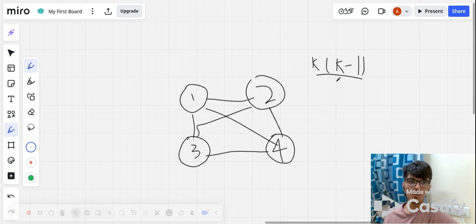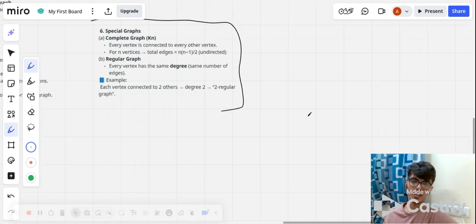Why do we divide by 2? Because for an undirected graph, this edge will be counted for 1 as well as for 2. So in getting this term, each edge is counted twice. That's why we have divided it.